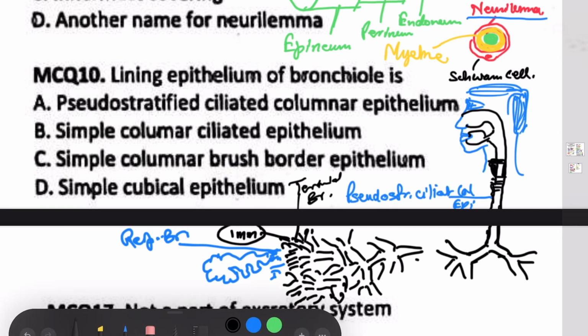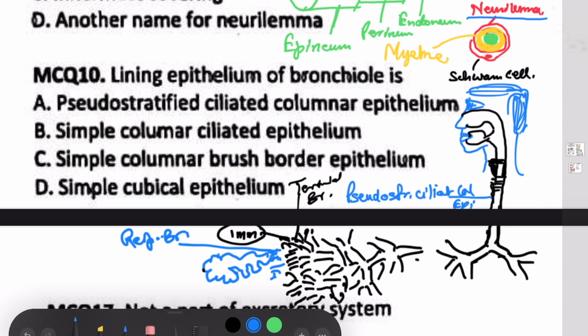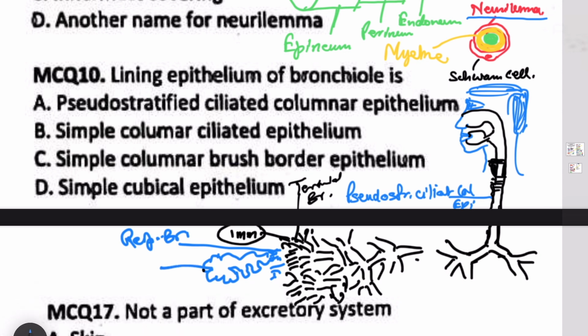The lining epithelium of the respiratory bronchiole and the rest of the respiratory unit, including the alveoli, will be simple squamous epithelium.